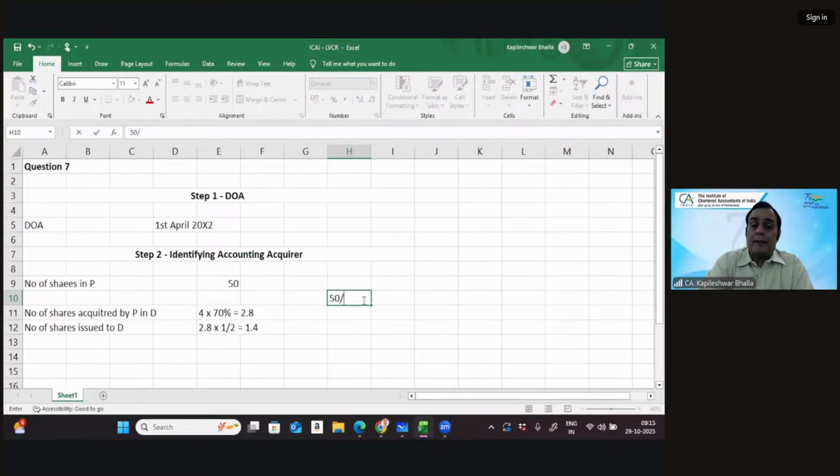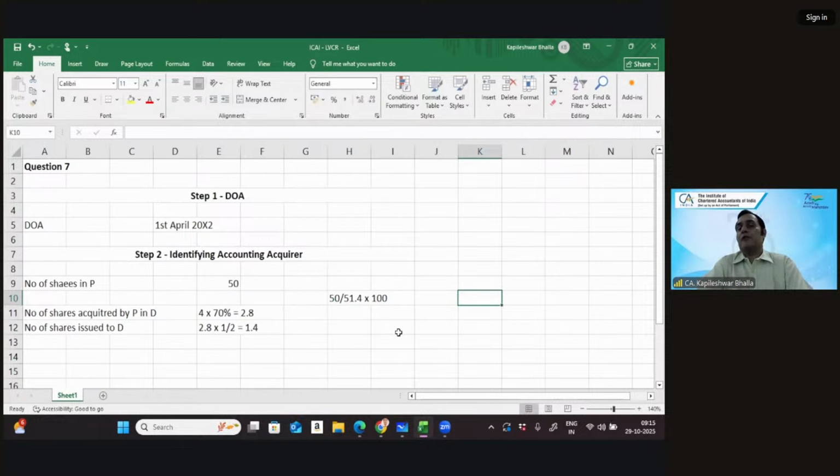The total share capital becomes 51.4. So out of a total of 51.4 shares, he's got 50 divided by 51.4. It comes to 97% approximately.